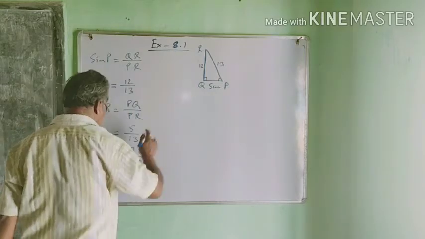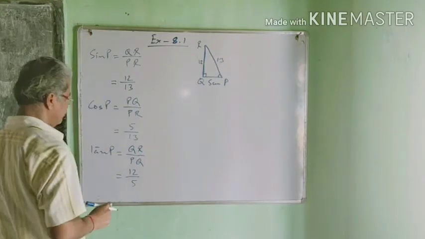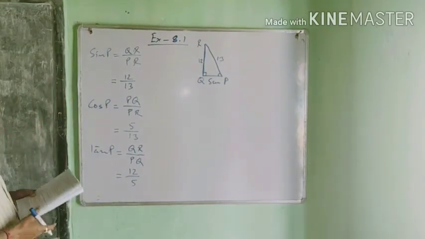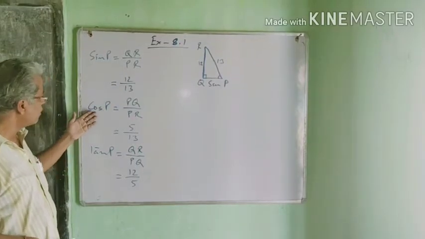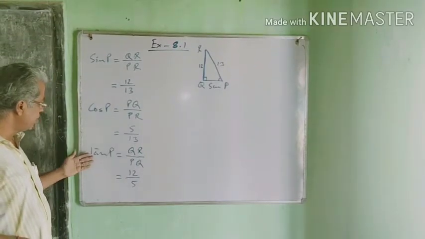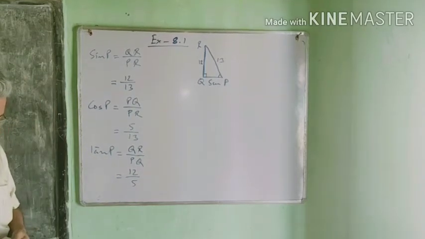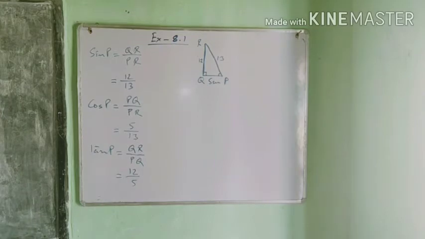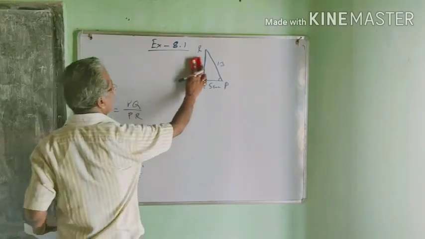QR we have found out 12 and PQ is given 5. Thus we have found out sine P 12 by 13, cos P 5 by 13, tan P 12 by 5. So question number 10 has been completed. Now come to question number 11.